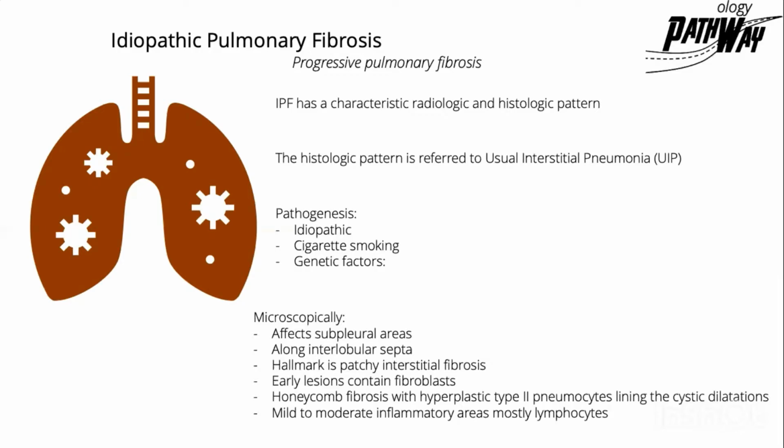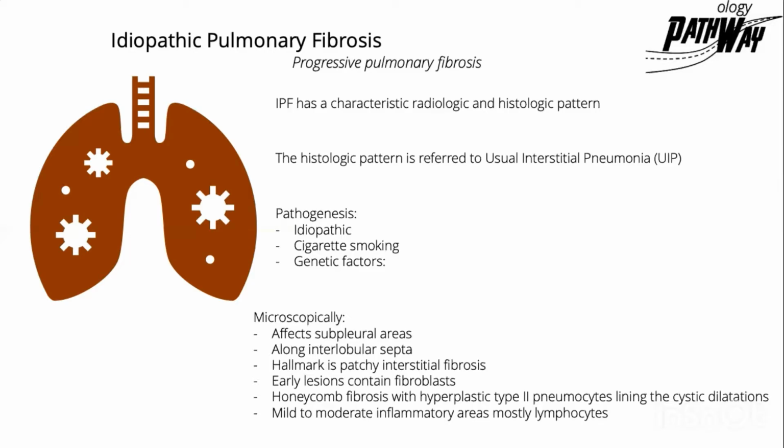For the microscopic picture that we will see in a few minutes, it affects mainly the subpleural areas, and along the interlobular septa we will find marked fibrosis. The hallmark is patchy interstitial fibrosis. So it differs: early lesions contain fibroblasts, and the late lesions contain fibrocytes.